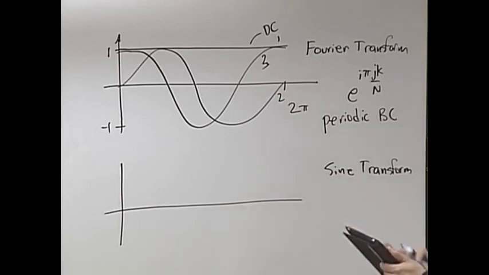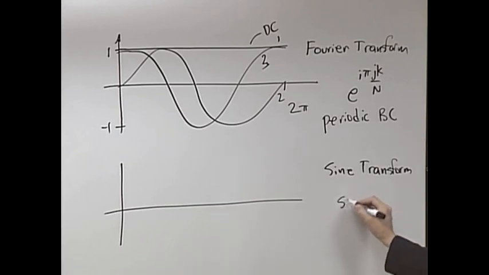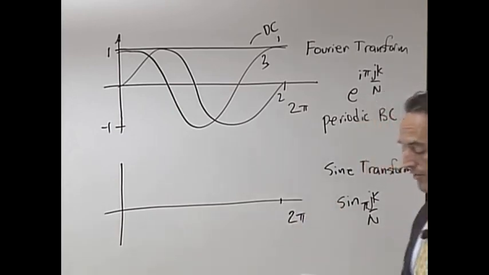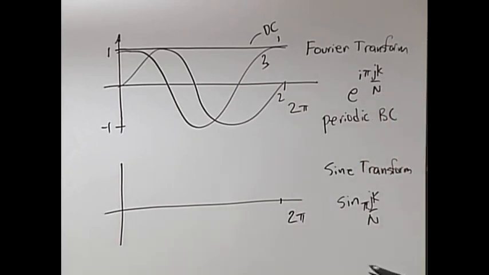And here it is. The sine transform is just now you're doing things like this. That's the kernel you're going to work with. And when you work with that kernel now you're going to work on a 2 pi periodic domain. And now your functions are going to look a little different. If you're using a sine transform, you never get a DC component.